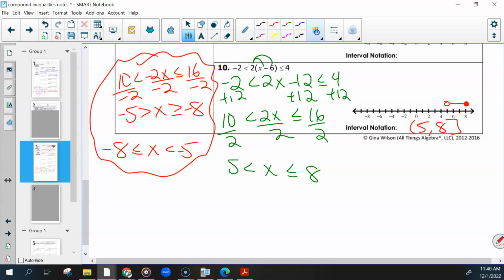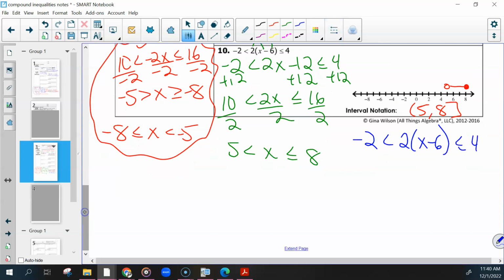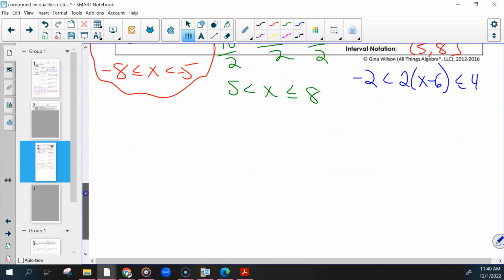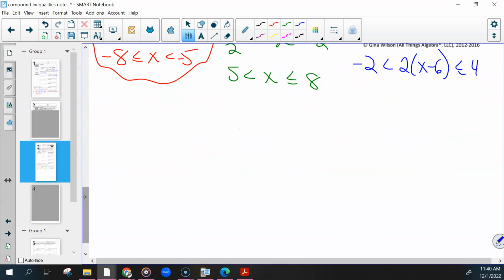Okay. Where you have space, I'm going to show you the other way you could do this. So I'm going to rewrite -2 is less than 2 times x minus 6, which is less than or equal to 4. Just like the other problem we did where we could have divided both sides by -3, same thing here.